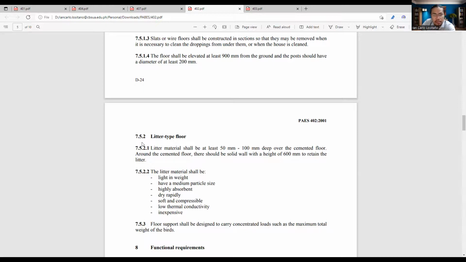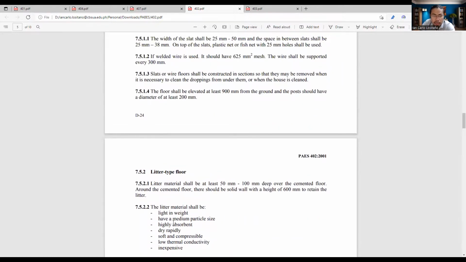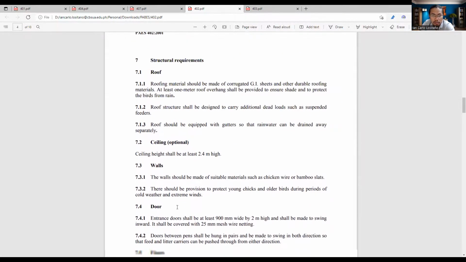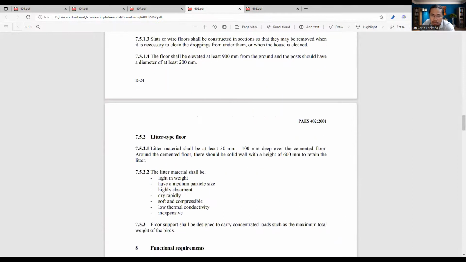Now, these are operational in concern, and thus this will be part of the management or functional requirements, and will be removed from the structural, because you would have the litter removed from one growing cycle to another.